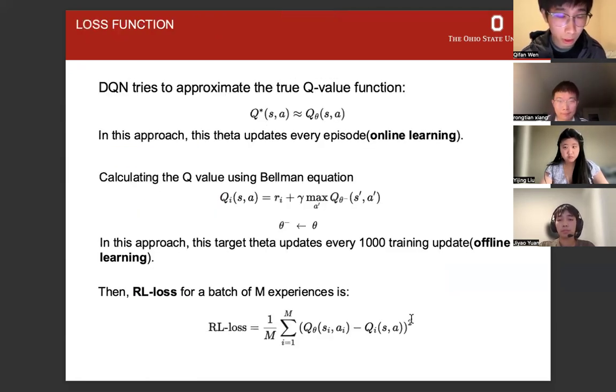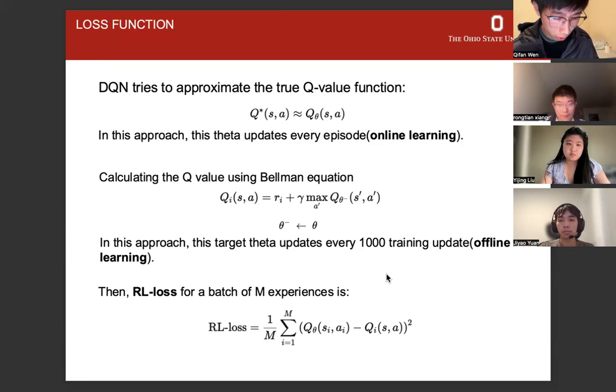Let's talk about the loss function. We trained the agent using the Bellman equation to update Q values. There are 2 sets of parameters used. The online Q value is updated every episode. The target network is updated every 1,000 training steps.